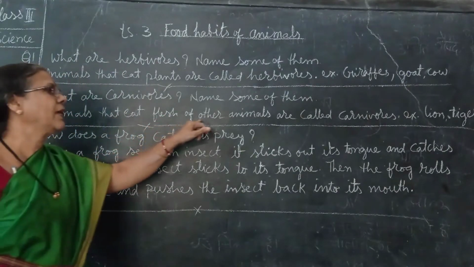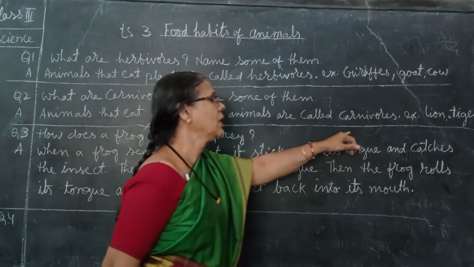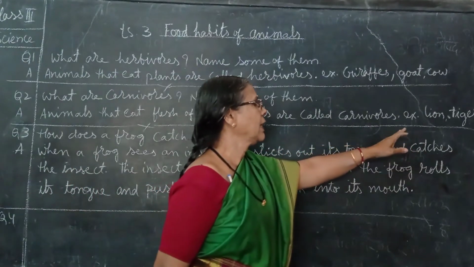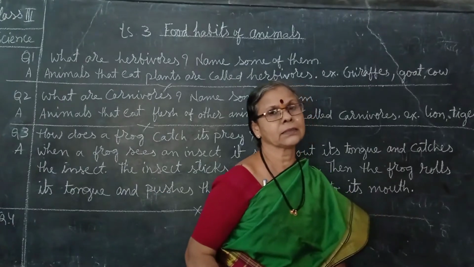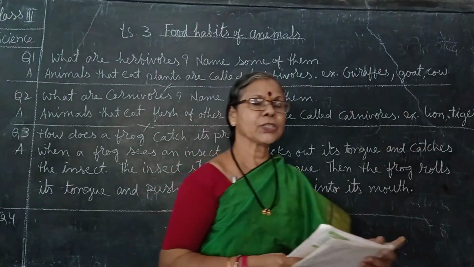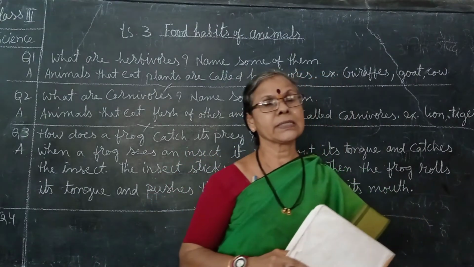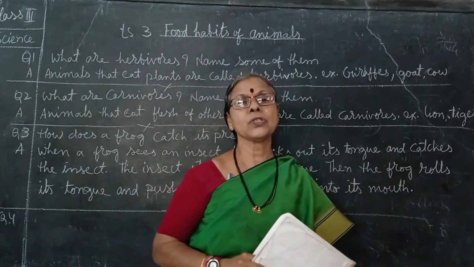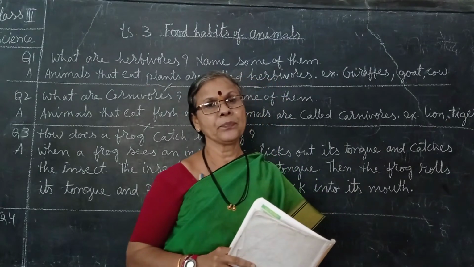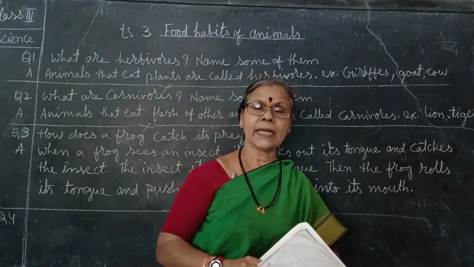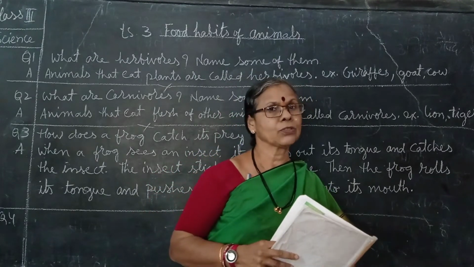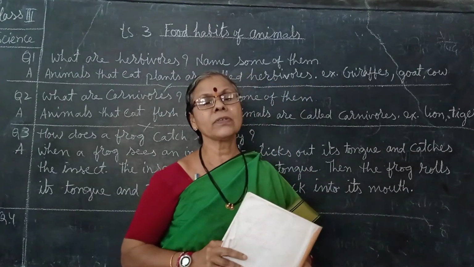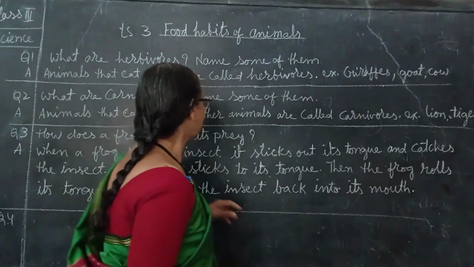Animals that eat flesh of other animals are called carnivores. Example, lion, tiger. In the oral test also I asked you the same questions. You all have answered well. In this also all the questions will come. Think about that and learn by heart all the questions and answers along with the spellings.